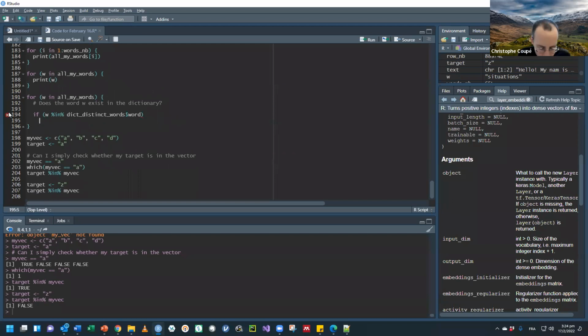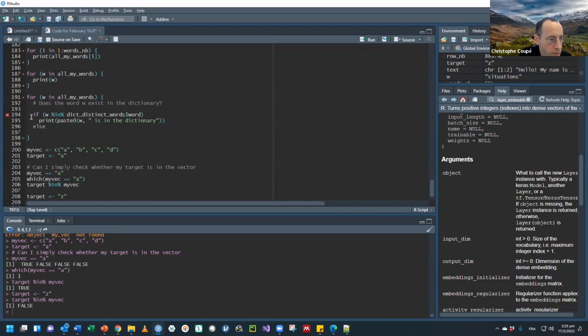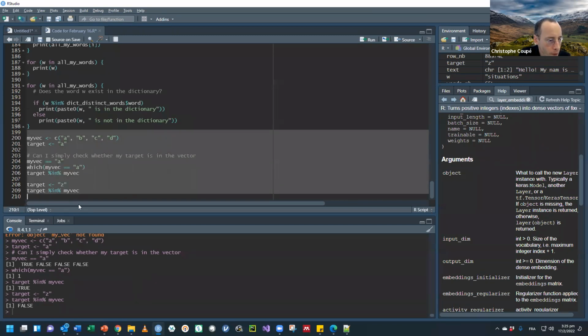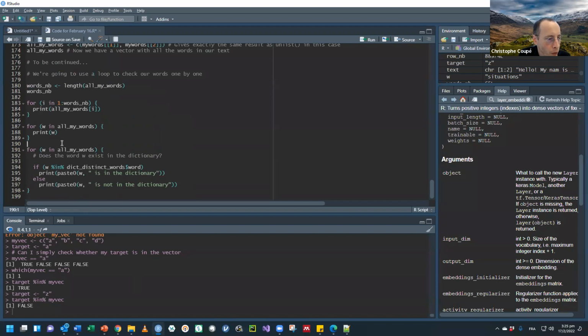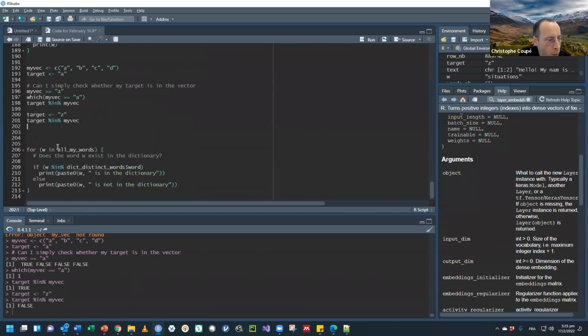So what we could simply write is something like this. I'm going to copy that above and leave it for now. So here we have a loop.